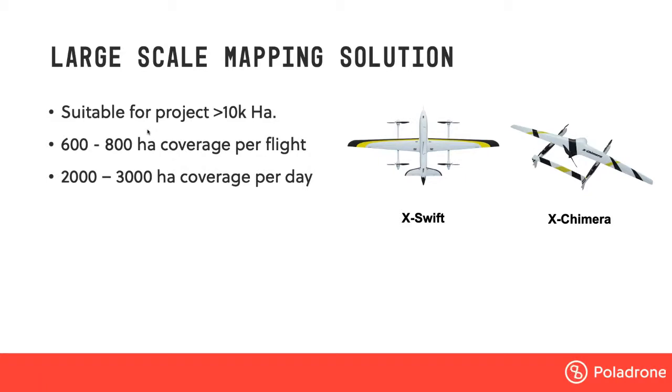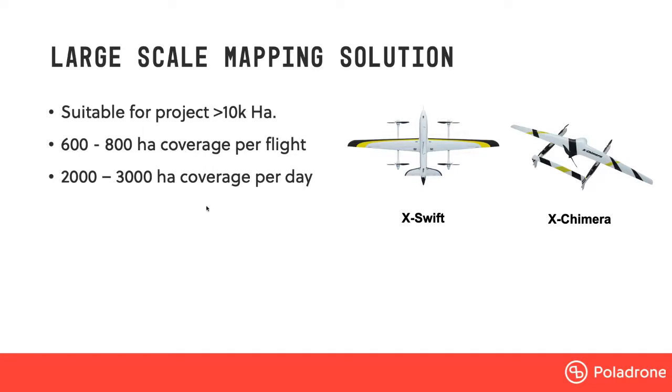The models we use in this situation are the X-Swift and the X-Chimera. The drones can cover up to 600 to 800 hectares per flight, and for a day of operation, up to 2,000 to 3,000 hectares per day. So this is applied for the bigger scale of land.